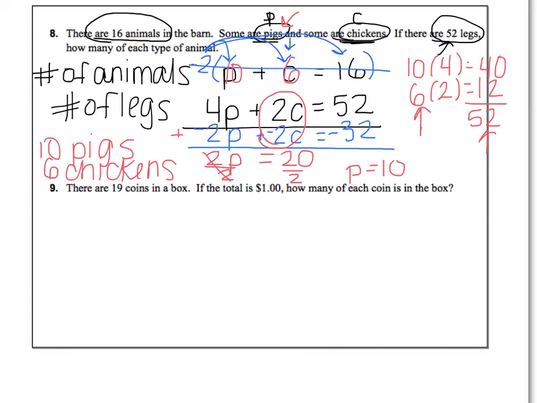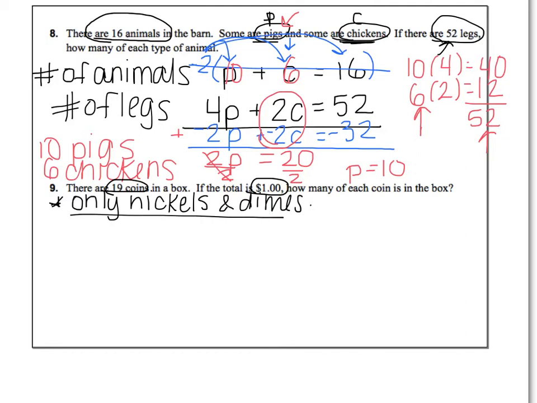Number 9, just a reminder, we added in class that we were only going to use nickels and dimes. When we create our equations, we need to remember that there are 19 coins, the total is $1, and we only used nickels and dimes.